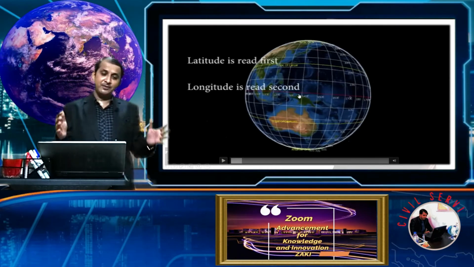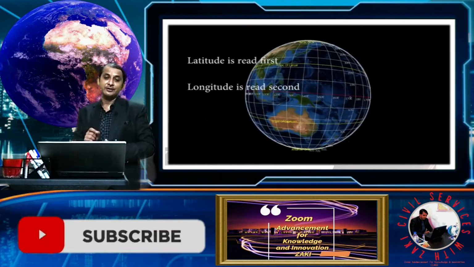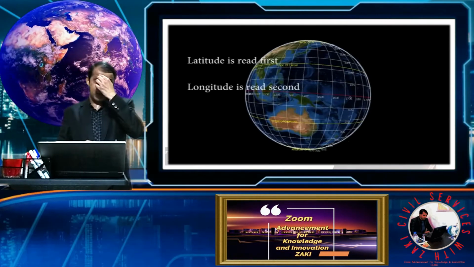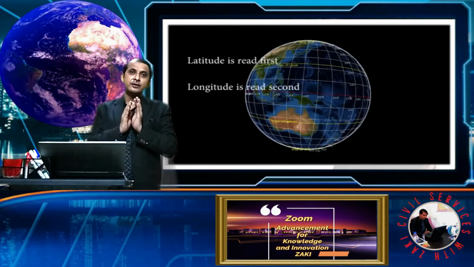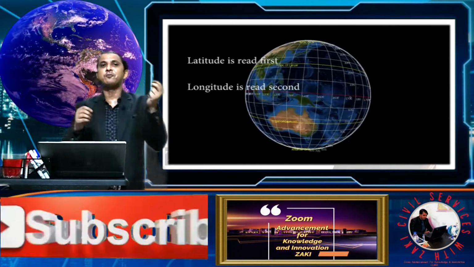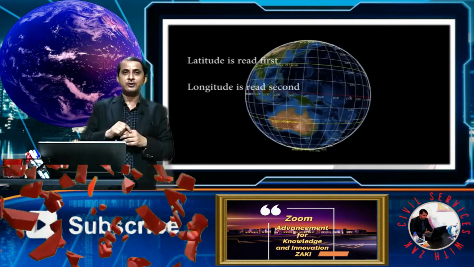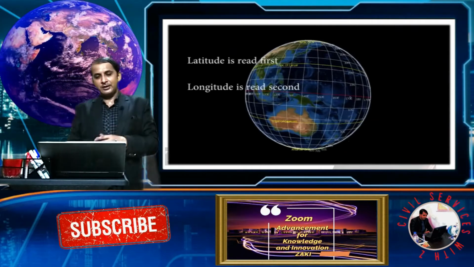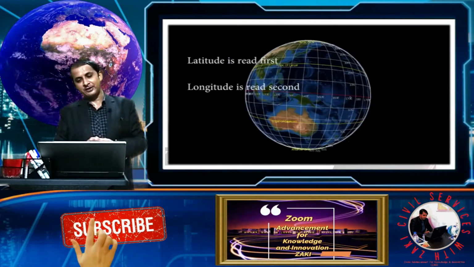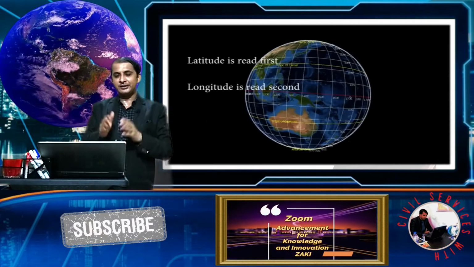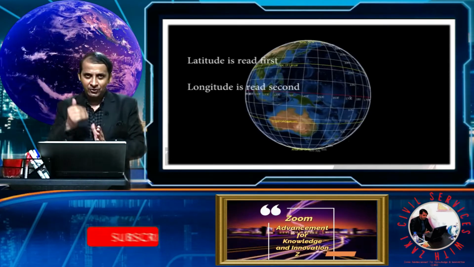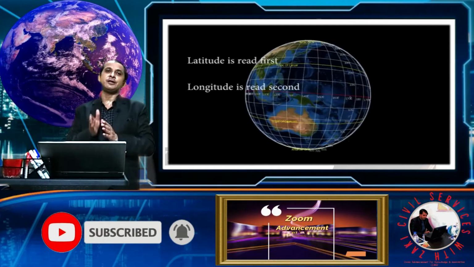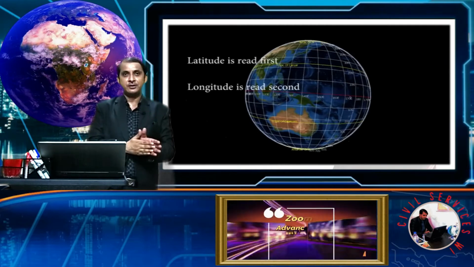If you find any map, first read the latitude and then the longitude, because there is no southern, western or eastern pole. As you know, there is a south pole and north pole, but you never find a west pole or east pole. The latitude is natural, but the zero meridian is defined by international treaties.